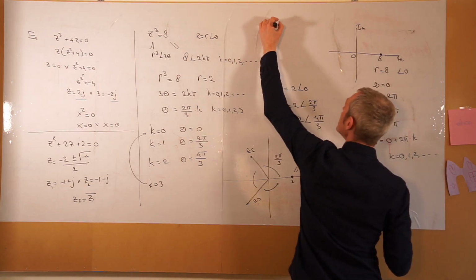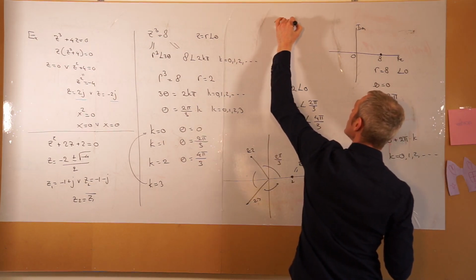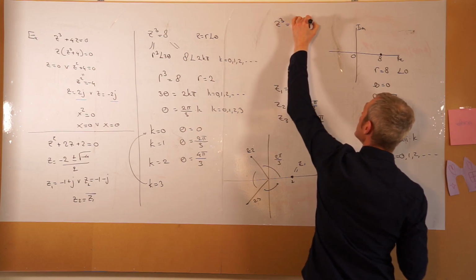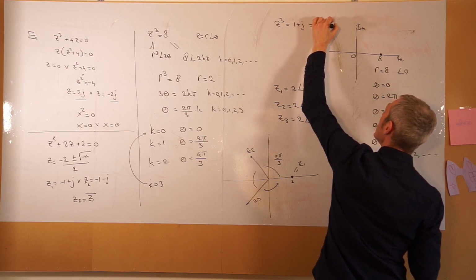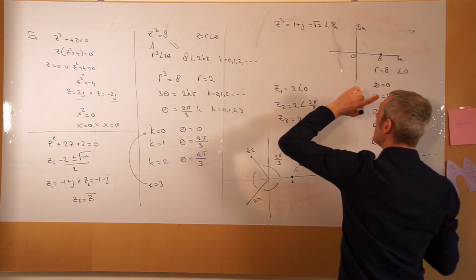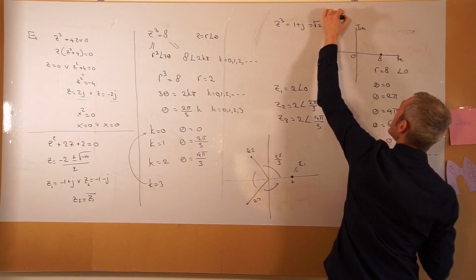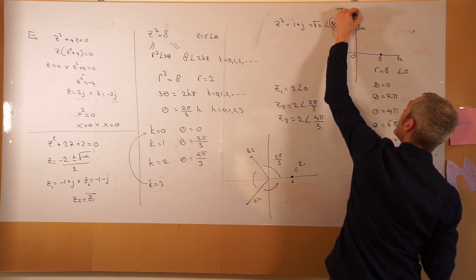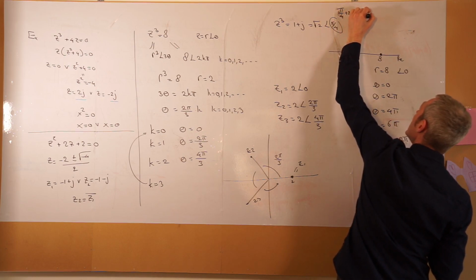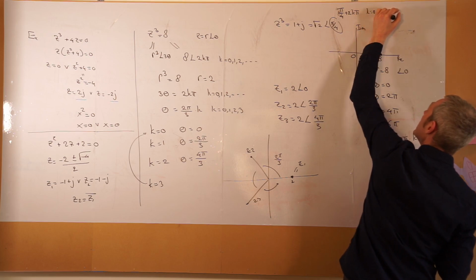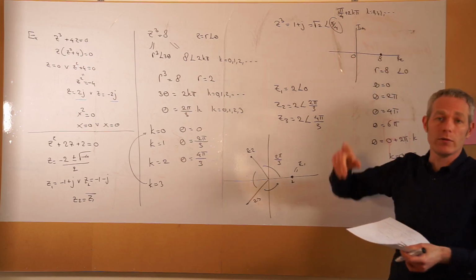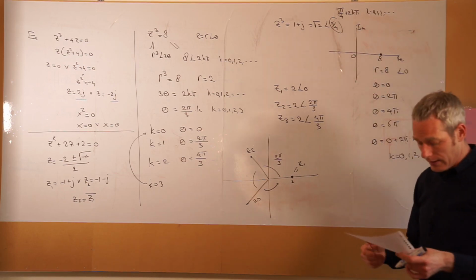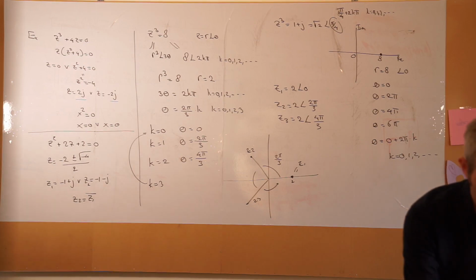If we had z to the power of 3 is equal to 1 plus j, which is equal to the square root of 2 with angle pi over 4, this pi over 4 will become pi over 4 plus 2k times pi, with k equal to 0, 1, 2, etc. So it doesn't matter that we chose 0 here. If you have an angle which is non-zero, it is in exactly the same way.